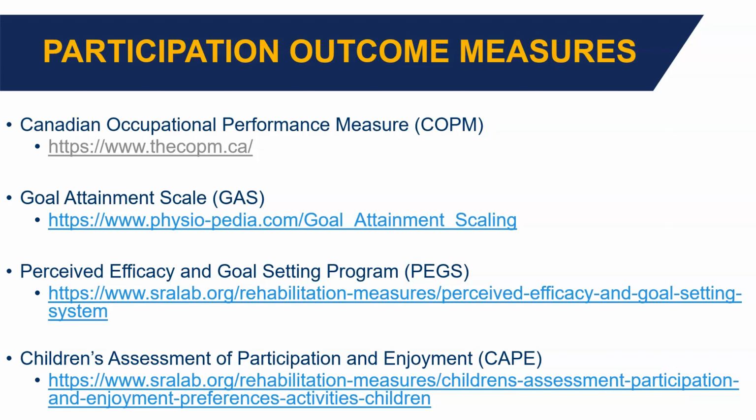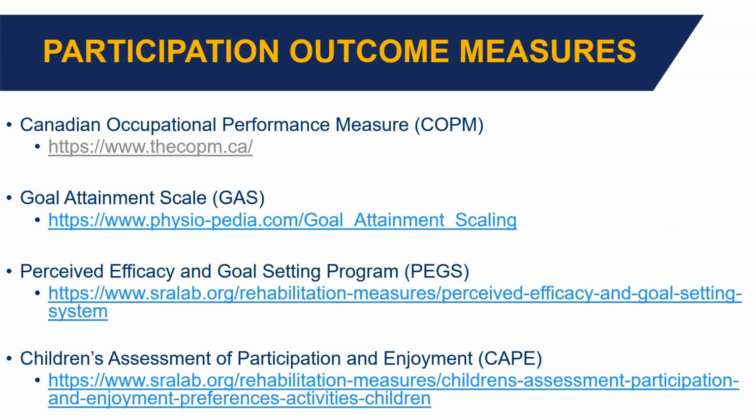This is an outcome measure used in PT to assess a client's self-perceived performance and satisfaction with daily activities. It really is a client-centered approach where the client identifies their own goals and priorities for improvement in daily function. The COPM provides a standardized way to measure changes in the child's performance and satisfaction over time and helps guide intervention planning and goal setting in physical therapy.